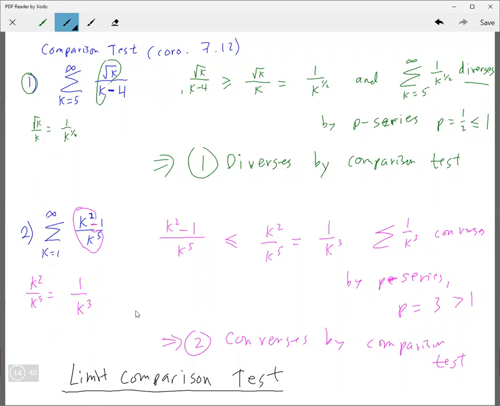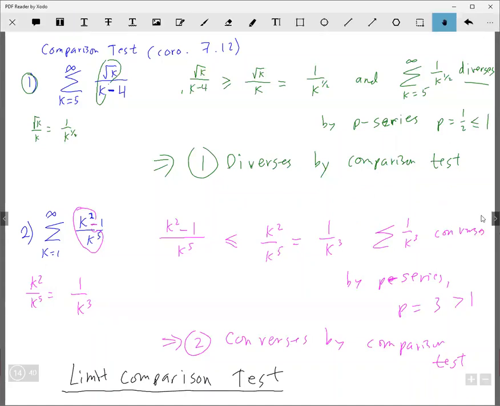But that means you only have to look at the highest order term in the numerator and the highest order term in the denominator, and take the quotient of those two, and then it's going to be 1 over k to some power, and then just look at that power. It's a P series. Whatever that power is, 1 over k raised to something power, determines if the whole thing is going to converge or diverge. Okay, but I don't want to get too much into that. So you have that there.